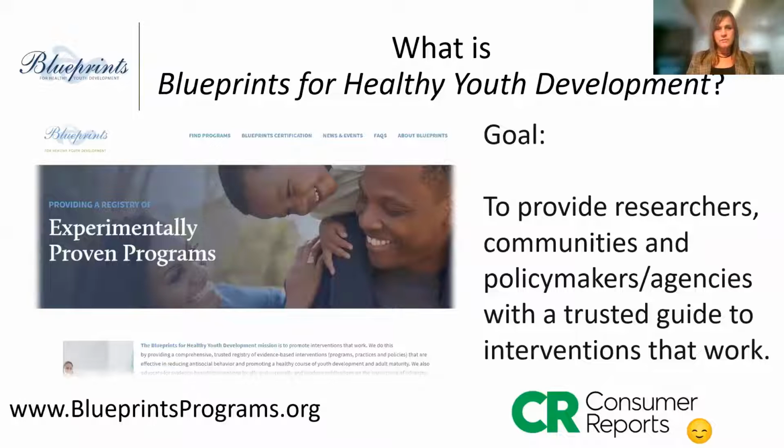You can trust us to find interventions with strong research design and analysis so that you can trust those results, similar to how you might trust a Consumer Reports guide when it comes to buying a refrigerator. I certainly am not an expert in refrigerators. I'd like to know that someone else has vetted that information and I can trust what they have to say about it before I invest in making such a big purchase. So think about Blueprints similarly when it comes to making these investments in evidence-based interventions. We've done this work for you.